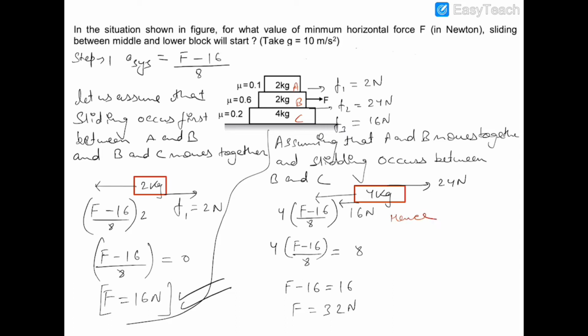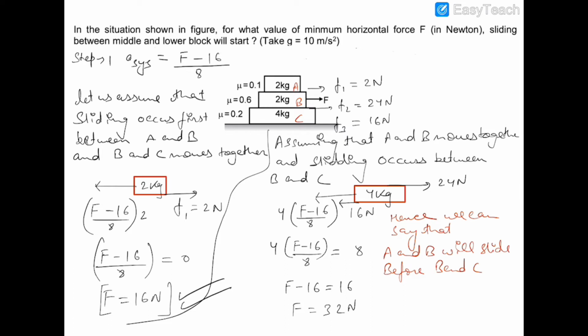Hence we can say that A and B will slide before B and C. And at the moment when we have to find out the minimum horizontal force F, which is required to initiate the sliding between B and C, at that moment when B and C were on the verge of sliding, then A and B will already be in the sliding mode.